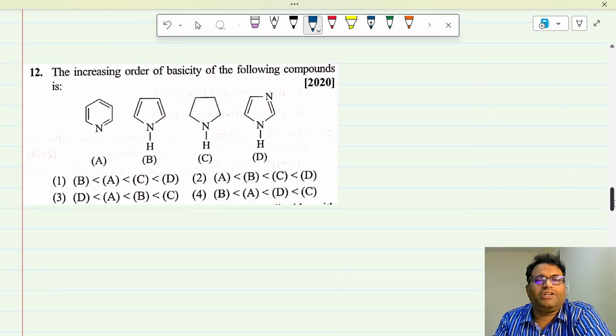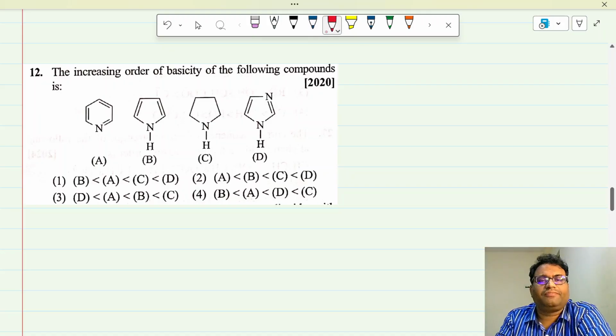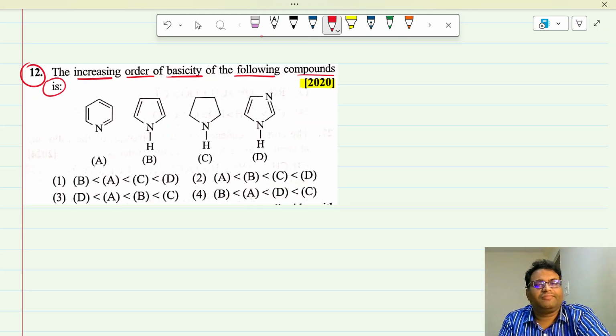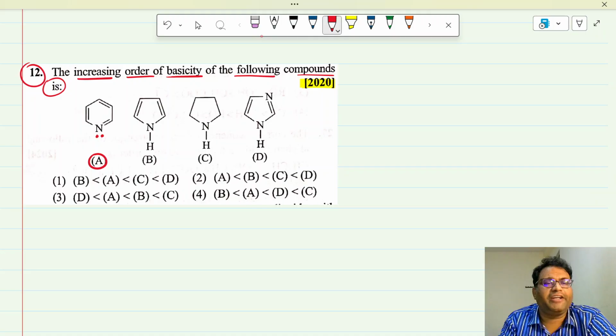Let us move to the next question. Question asked in 2020. The increasing order of basicity of the following compounds is. Now only we have studied that this is pyridine molecule, A molecule is pyridine.